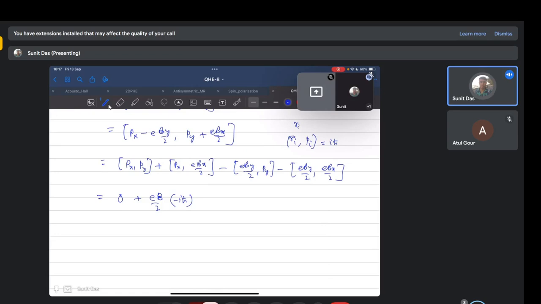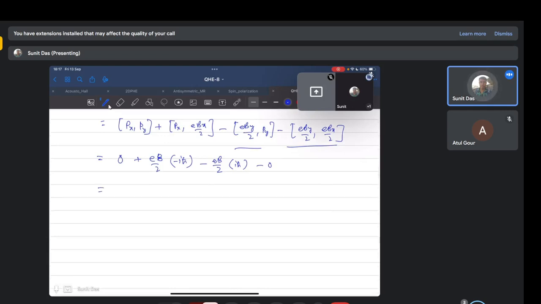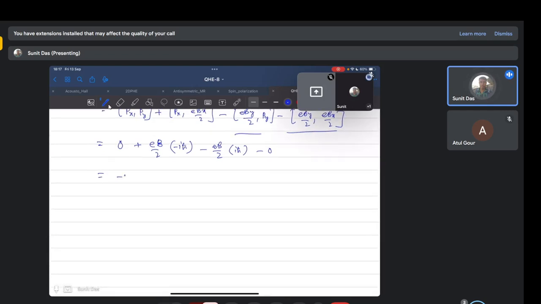Here ri can be r1 equal to x, r2 equal to y, and r3 equal to z, in general. And this term is already in order. So eB by 2 i h bar, and the y py commutator is also 0. x and y also commute with each other. So we'll have minus i h bar.